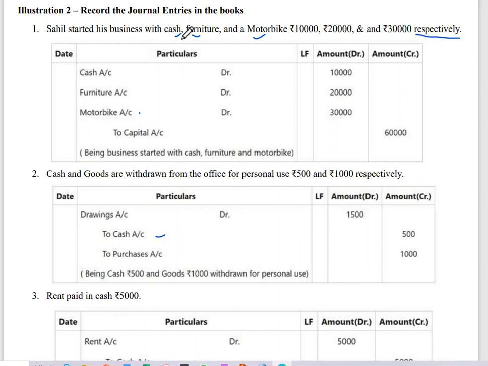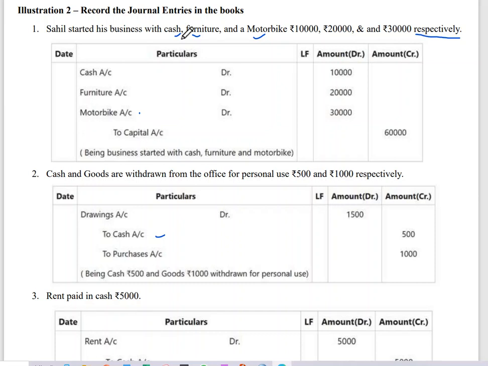Irrespective of current or fixed asset, all these three items are assets being invested in the business by Sahil, and that should be debited in the business, because all these items are being brought in. So in the business these items are increasing. Cash is increasing, furniture is increasing, motorbike is increasing, which means assets are increasing in the business.